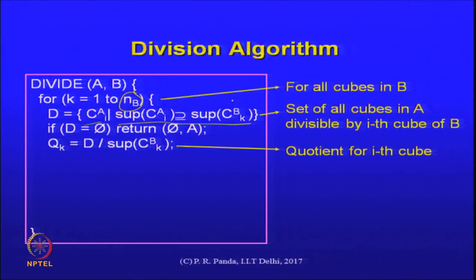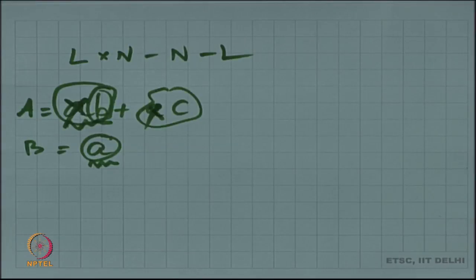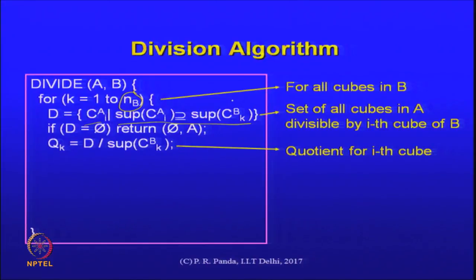We are picking up only those terms that are actually divisible. So I would be left with B and C. So that would be the quotient for the ith cube. So that is all right.